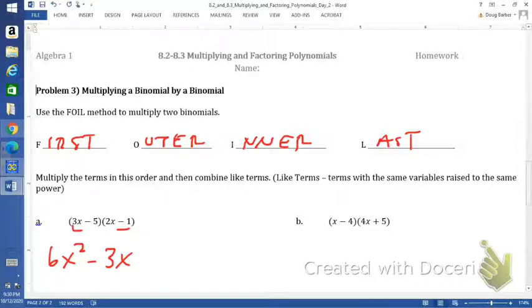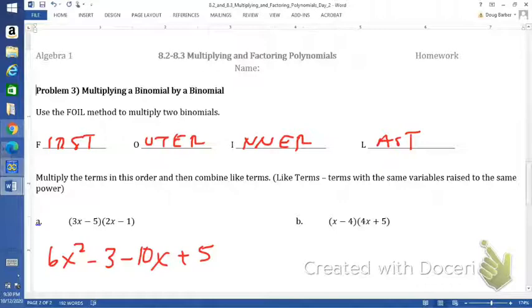The inners: a negative 5 and a 2x. So negative 5 and a 2x is going to give us a negative 10x. And then we have last times last, negative 5 times negative 1, that's going to give us a positive 5.